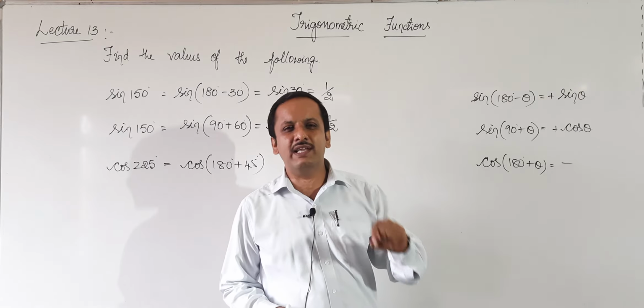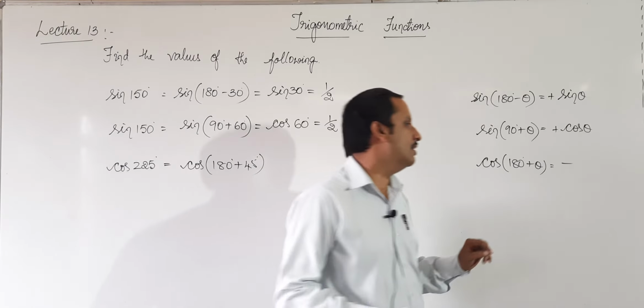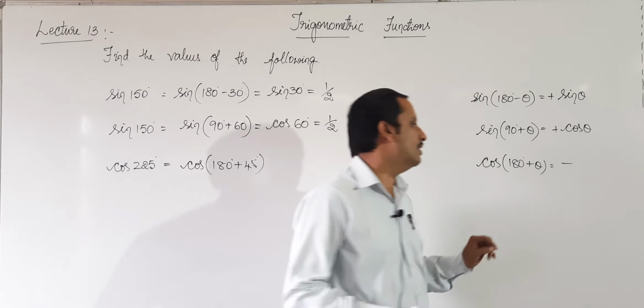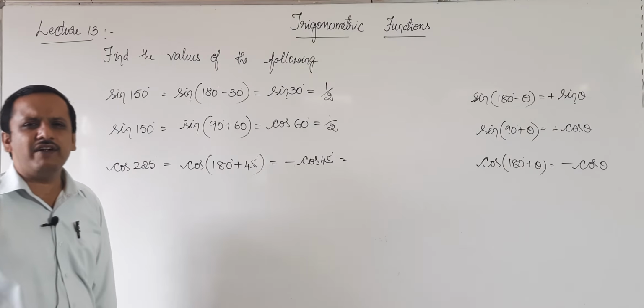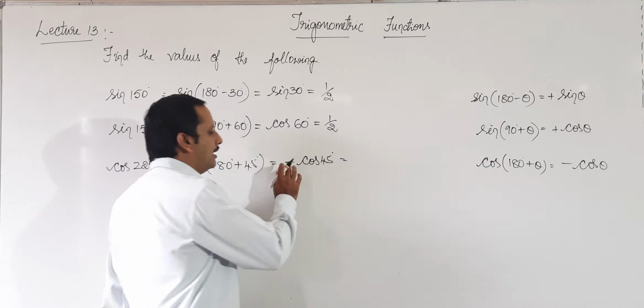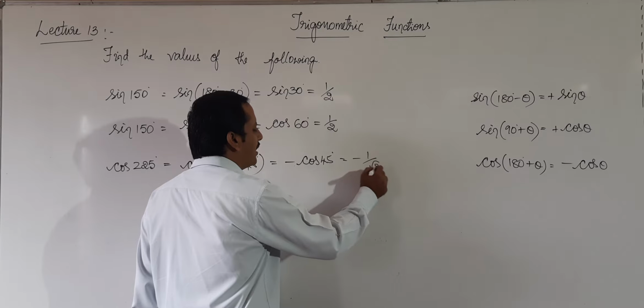When we are using the horizontal line, we retain the same function. So cos(180 plus theta) is equal to minus cos theta. So cos(180 plus 45) is minus cos 45 degree. Theta is 45 here. Cos 45 degree, we know the value, 1 by root 2. Hence, the answer is minus 1 by root 2.